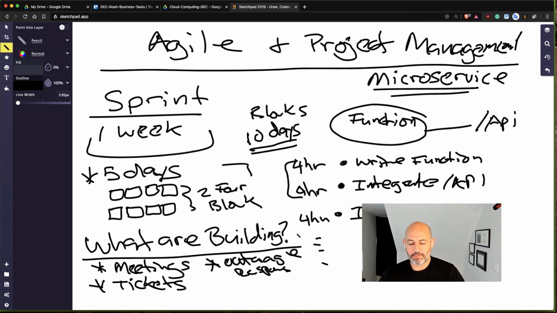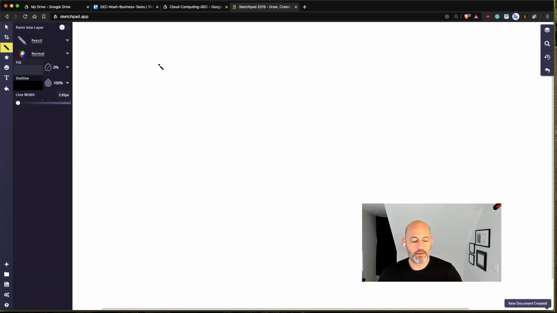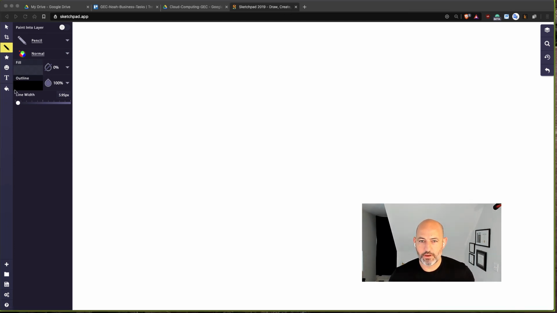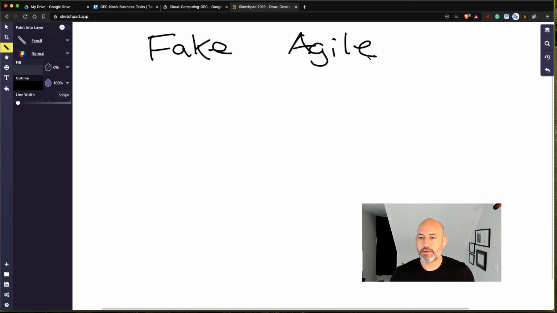Let's talk about how this actually plays out. Part of it is what I would call fake Agile. Fake Agile is a real problem, and it's just like fake news. When somebody doesn't understand, this is actually a big problem in the media.